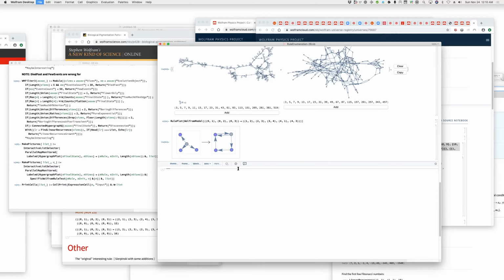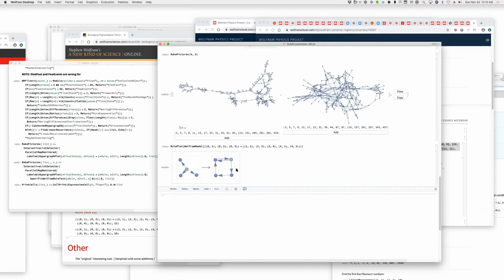Well, who knows what that does? What's that? Doesn't look particularly complicated. Yeah, well, okay.